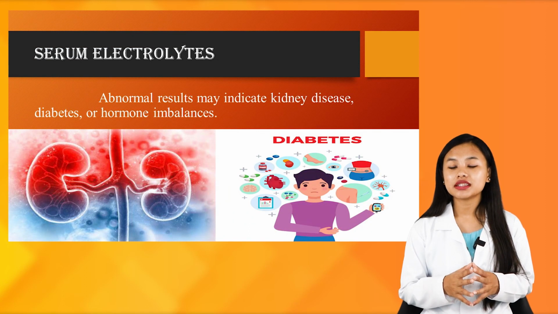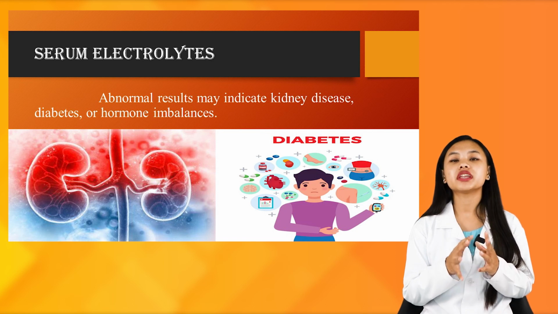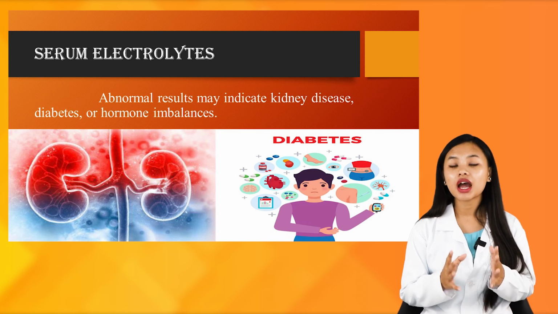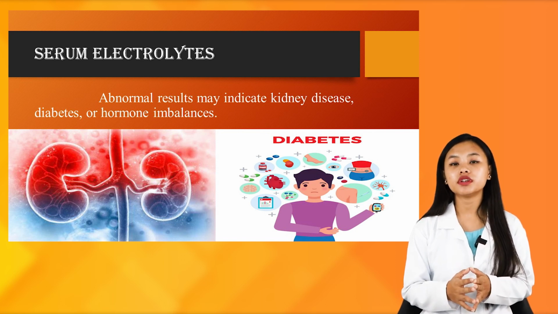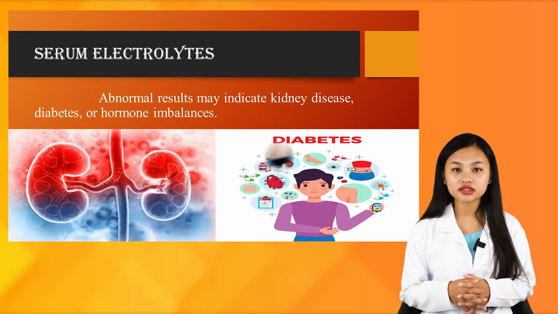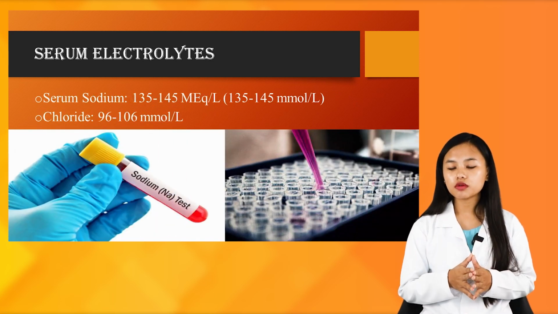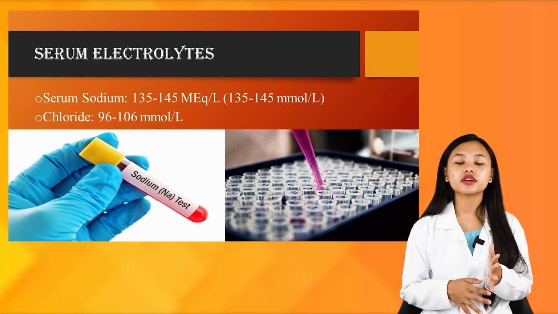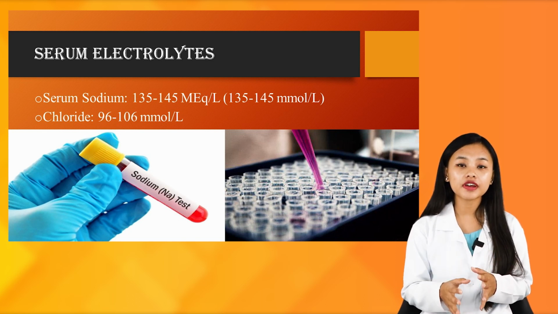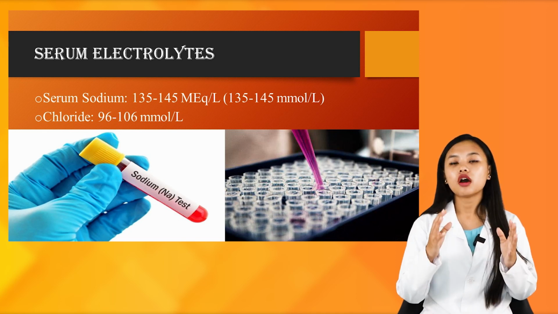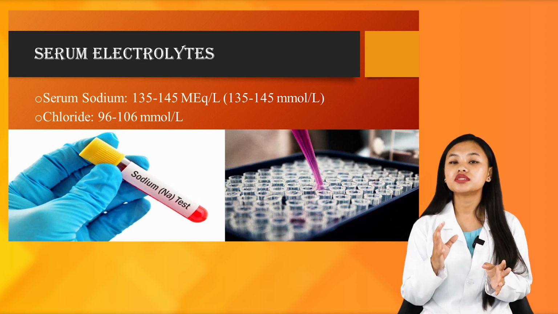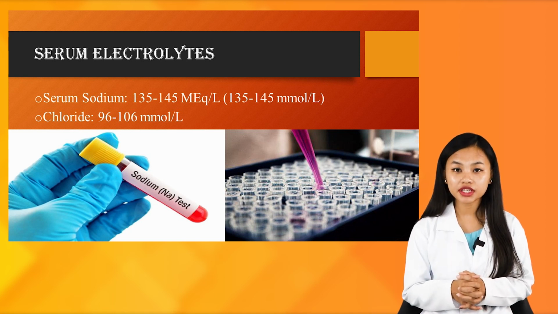And on conducting this test, if there is an abnormal result, then it may indicate the presence of kidney diseases, diabetes, or even hormonal imbalance. So here the normal range of serum sodium is between 135 to 145 millimole per liter. For chloride, it is between 96 to 106 millimole per liter.